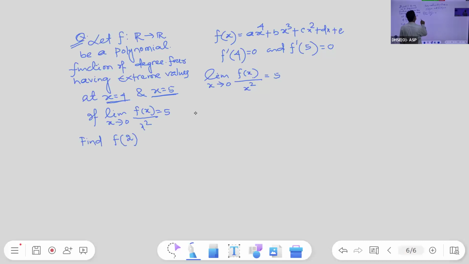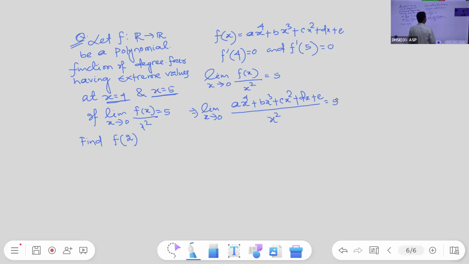This implies limit x tending towards 0, ax to the power 4 plus bx cube plus cx square plus dx plus e upon x square is equal to 5.